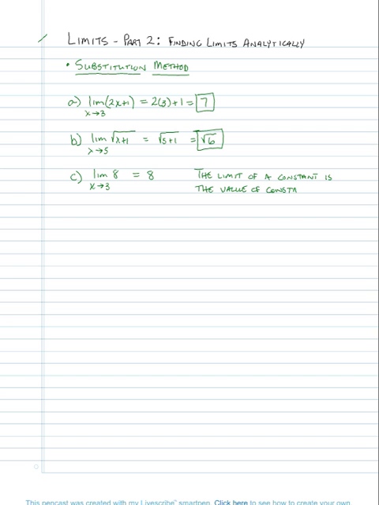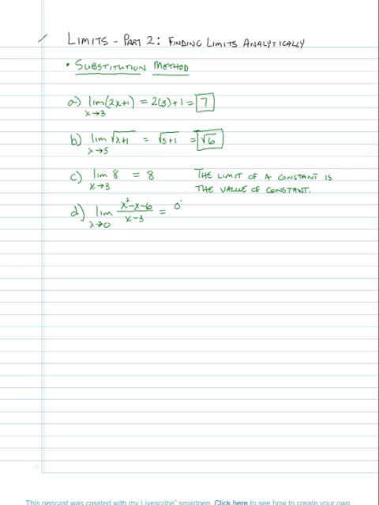Well, we haven't had anything that's been real challenging here. Let's look at the next one. Let's suppose we have the limit of the fraction, and we've seen this fraction before, the fraction x squared minus x minus 6 divided by x minus 3. And the limit is as x approaches 0. That target point is 0. Well, in this case, when we substitute a 0 in for x, what would we get?